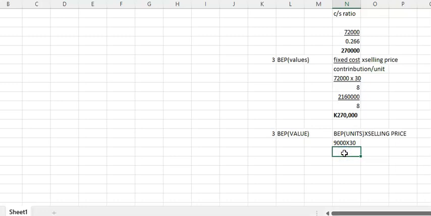We still get 270,000. So these are 3 different ways you can calculate your break-even point in value.